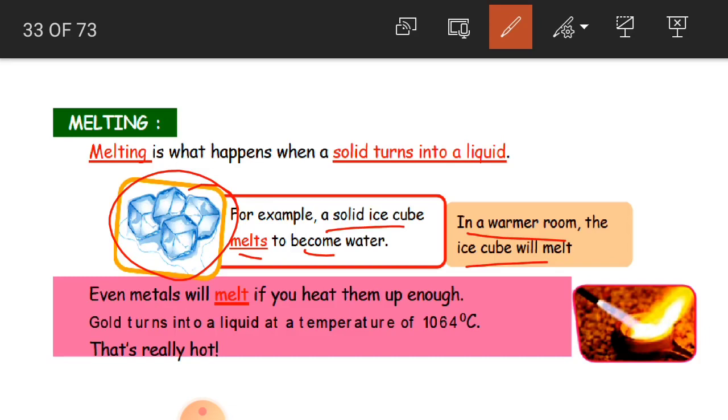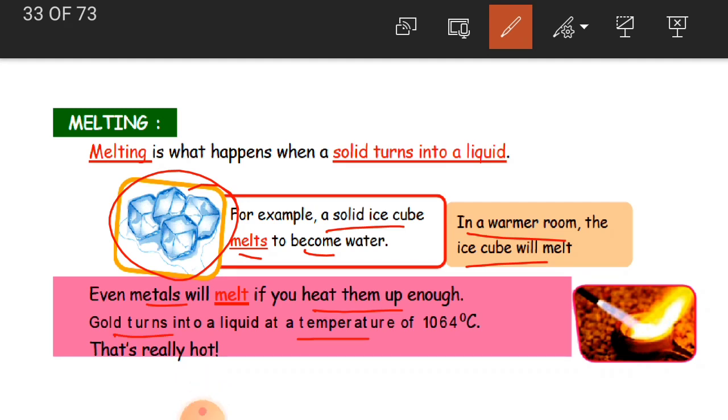Even metals will melt if you heat them up enough. What type of metals, children? For example, iron or gold or silver will melt when they are heated up. Gold turns into a liquid at a temperature of 1064 degrees centigrade.